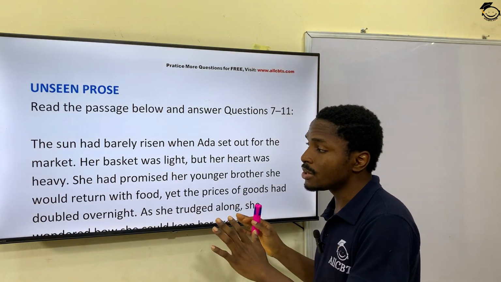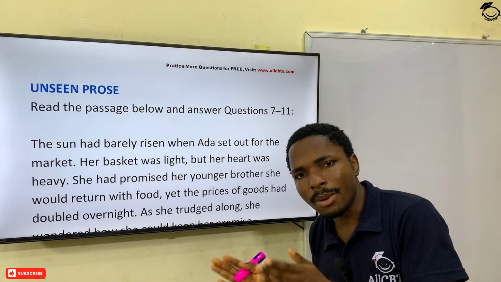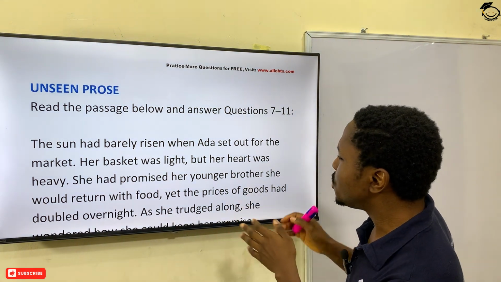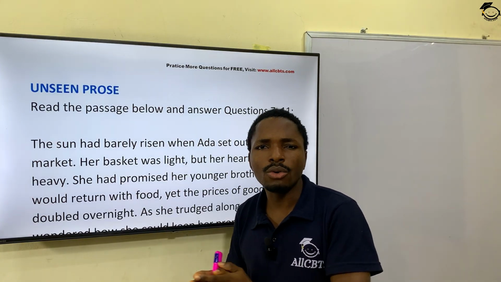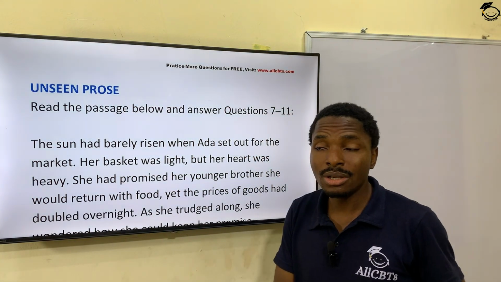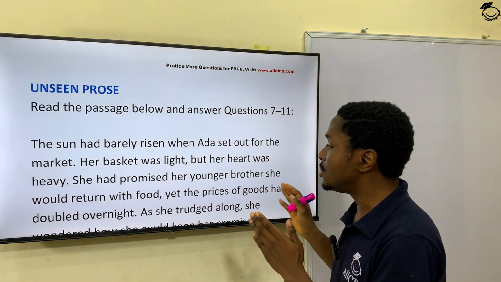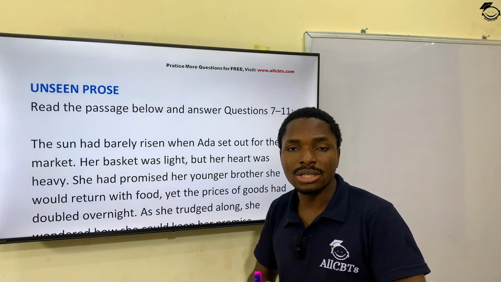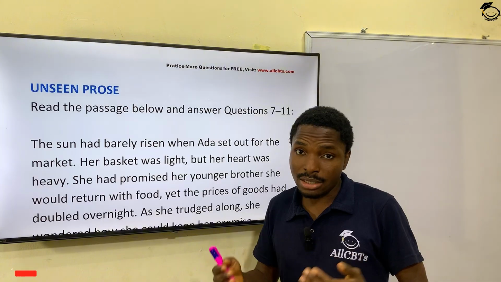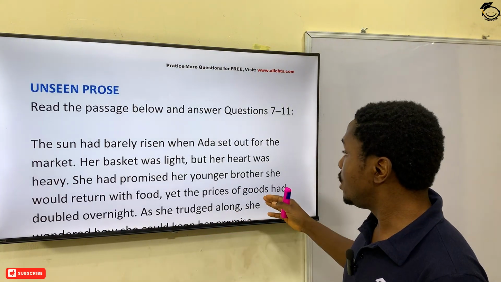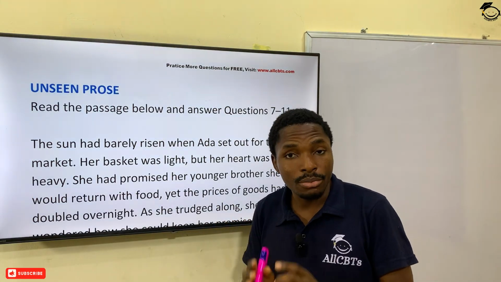Right, so this is a prose. Before you attend the questions, you need to understand what the prose is about. In this prose, we can see an elder sister to the younger one. I want to believe that they probably are orphans because she's alone with her younger one and she happens to be like the breadwinner for a family. We don't know how many younger ones she's got, but we know she has a brother.